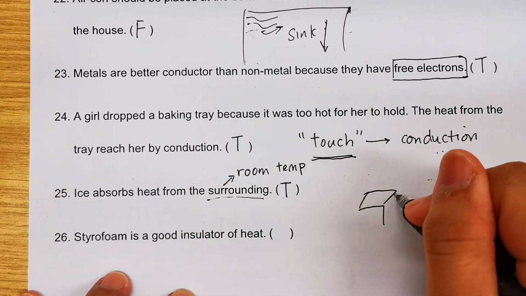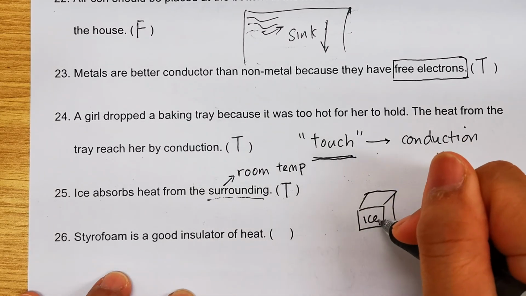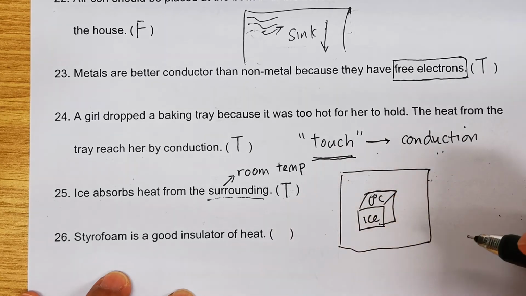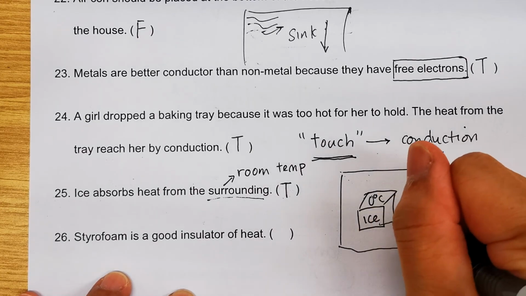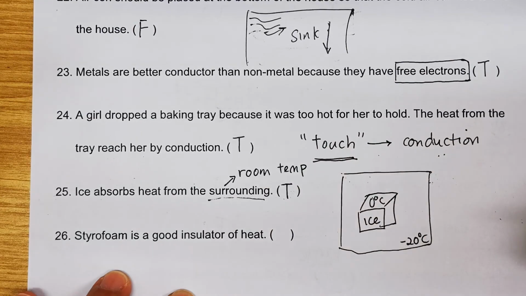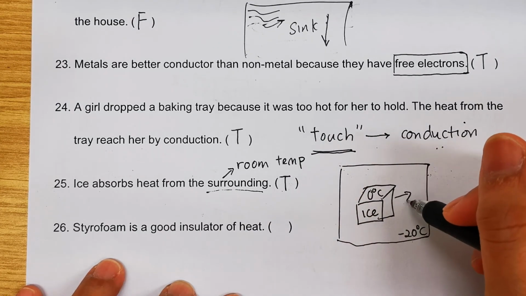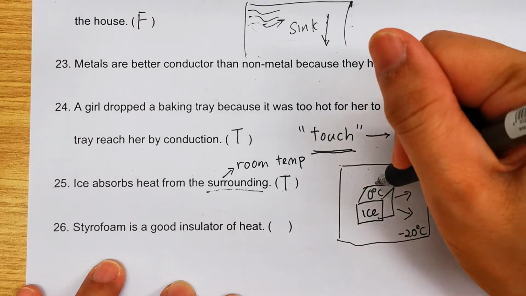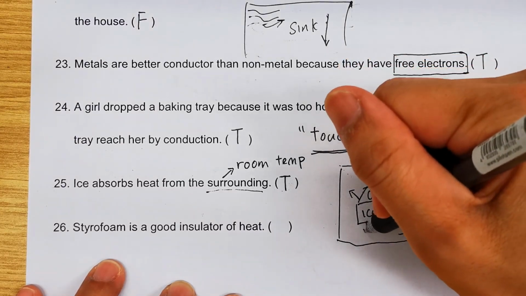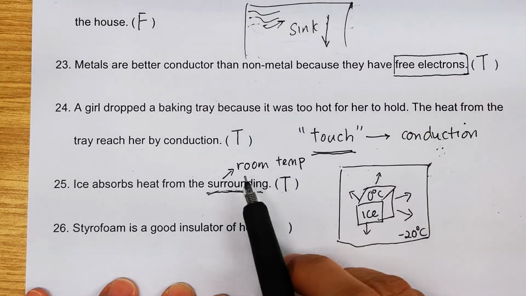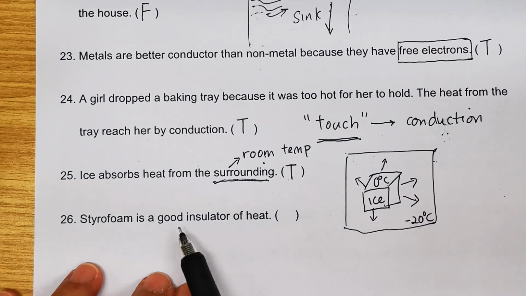If you put a piece of ice and let's say the ice is 0 degrees Celsius, if you put it in a very big freezer and it's -20, then it will not be absorbing, right? This is higher to low temperature. Then in that case, the heat will come out from the ice. Okay, so it's important to specify what kind of surrounding. So my assumption is it's room temperature.